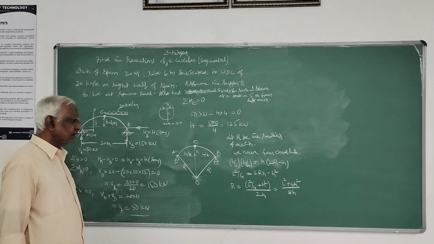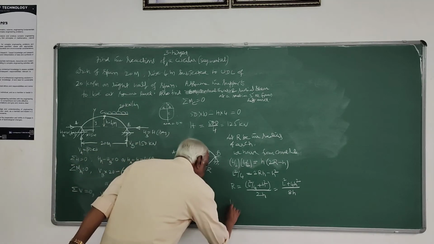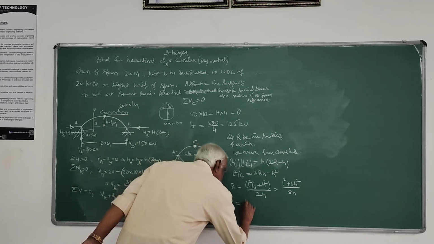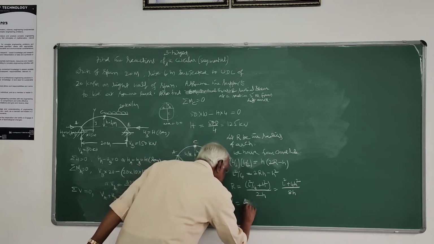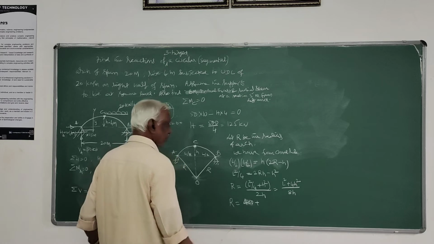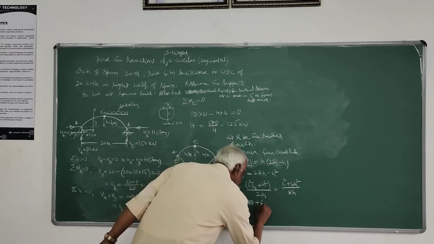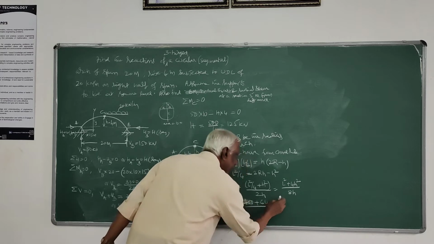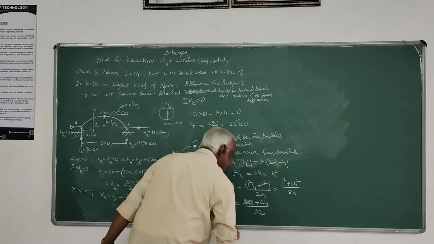So therefore R is equal to, here L is 20 meters, 20 square means it is 400, then H is 4 meters, H square is 4 square 16 into 4, 64, divided by 8 into 4, 32.